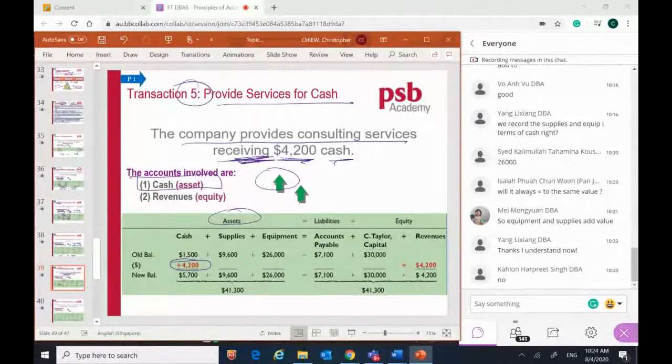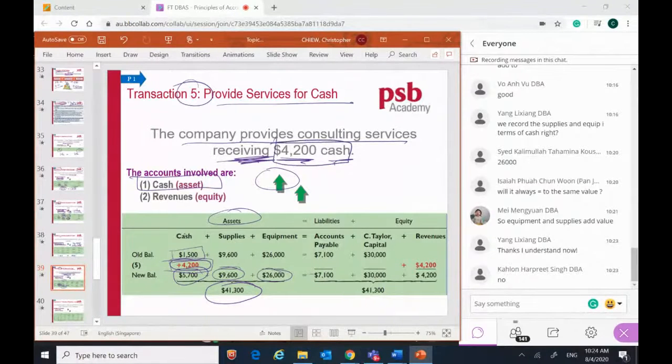You got it? Now our total cash will be, just now we got 1,500 plus 4,200. Now our total cash goes up to 5,700. Supply no change. Equipment no change. Total assets now, if you add up, my total assets now is 41,300. Got it?